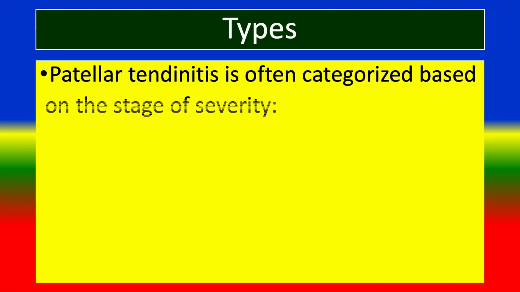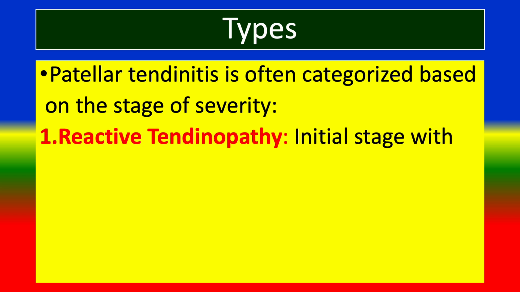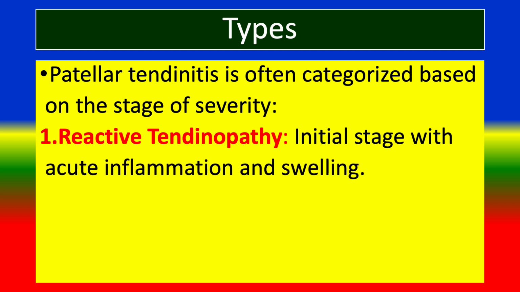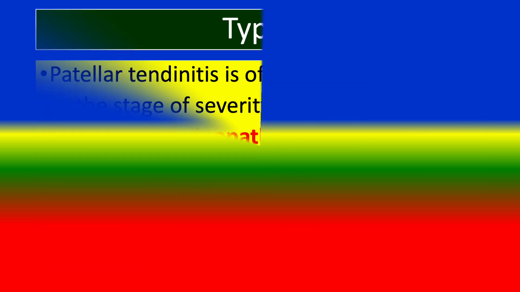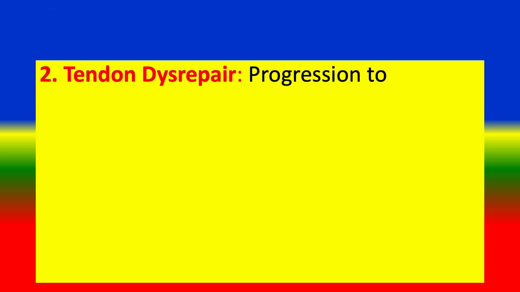Types: patellar tendinitis is often categorized based on the stage of severity. 1. Reactive tendinopathy. Initial stage with acute inflammation and swelling. 2.